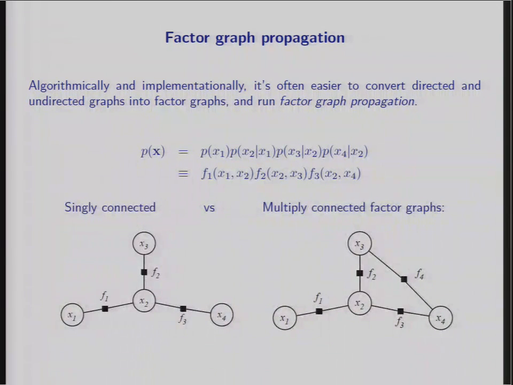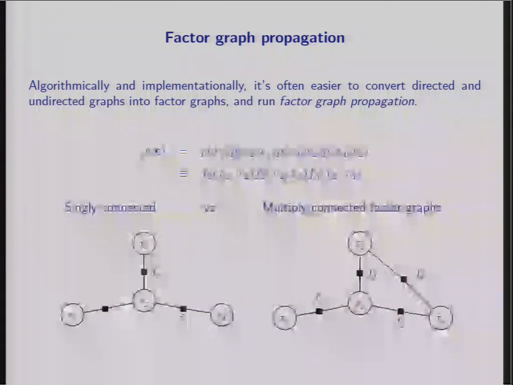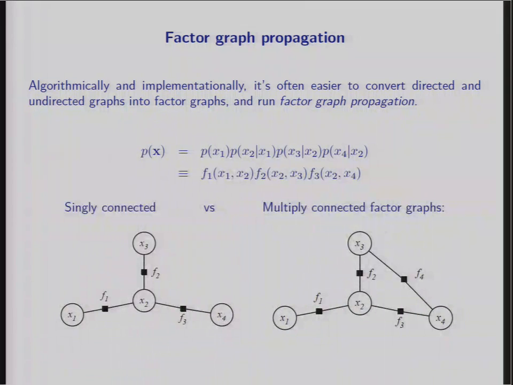So we can group those together into this factor f1, which is a function of x1 and x2. And we write the factor graph like this. The nodes represent the variables, and these filled dots represent the factors. So f1 is a factor relating x1 and x2. Similarly for f2 and f3 here.